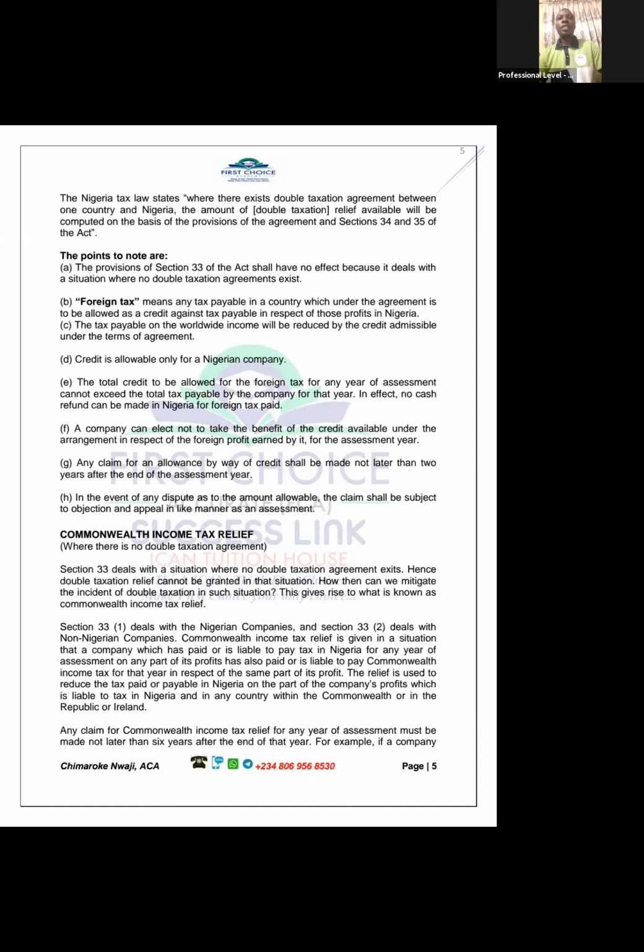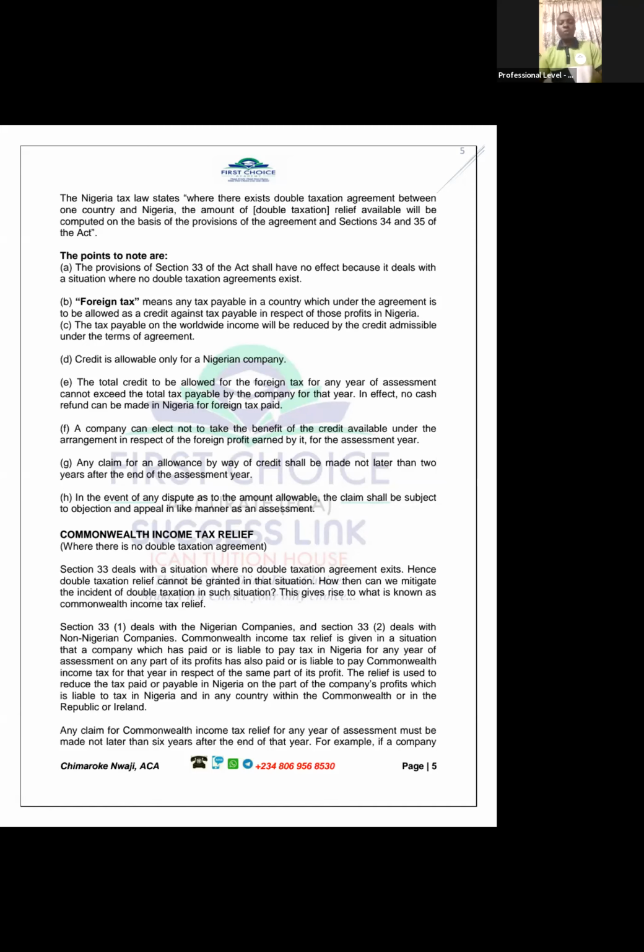So the law says if the Commonwealth rate, that's the name they give foreign tax when there is no double taxation agreement, if it does not exceed 1/2 of Nigerian tax rates, that means if it is either less than 15% or up to 15% and nothing more, then we will use the Commonwealth tax rate, which is obviously either smaller or equal to half of Nigerian rates.